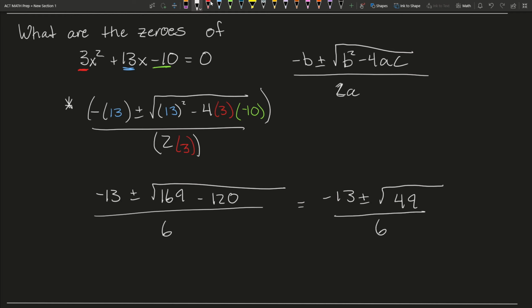And we can go one more step. So the square root of 49 is 7. Negative 13 plus 7, that's negative 6. Negative 13 minus 7, that's negative 20.